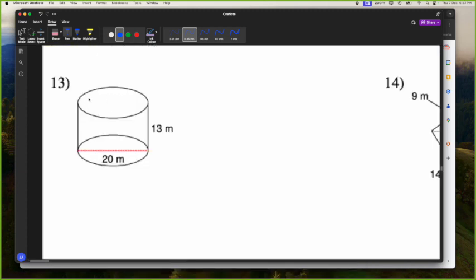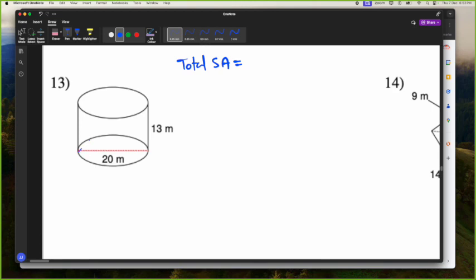So if I want the surface area of this thing, the total surface area, that is what I want. What would that be?